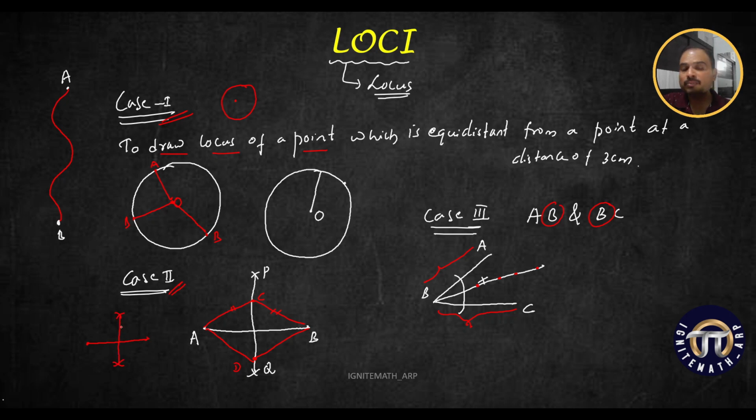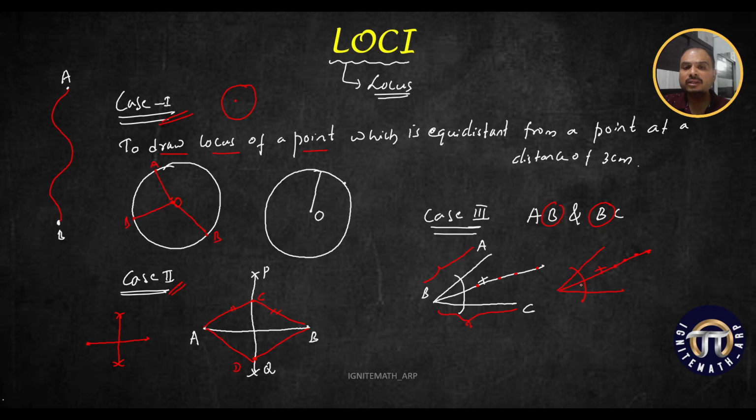Any point on this perpendicular bisector is the locus of the point equidistant from A and B. To draw the locus of a point equidistant from two line segments, bisect the angle between them. Any point on the angular bisector is the locus of a point equidistant from these two rays which form the angle.